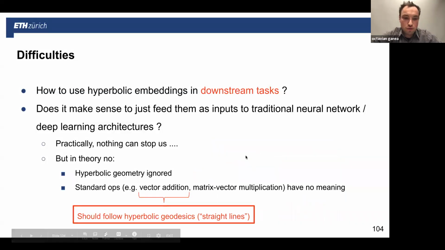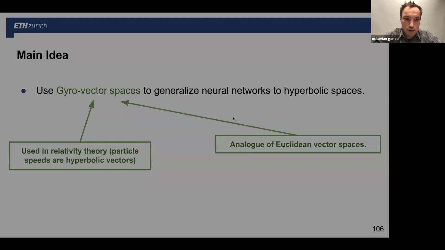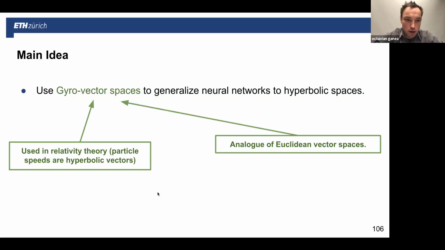Vector addition should follow hyperbolic geodesics, or straight lines, as I'm going to discuss immediately. Our idea is to use a generalization of vector spaces, which is called gyrovector spaces. This is a framework that is used to generalize neural networks to hyperbolic spaces. That's the main contribution of this work.